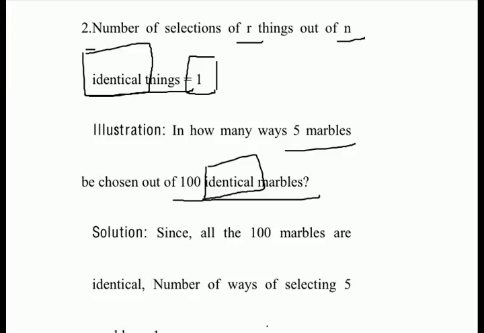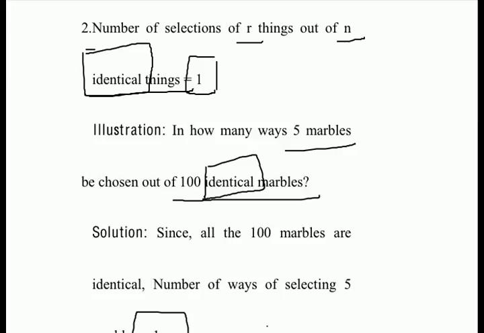So what do you reckon is the answer? The answer is 1, because all the marbles are the same. So suppose 5 people had 5 jars of 100 marbles each. Now the first one takes out 5 marbles, could be any 5.